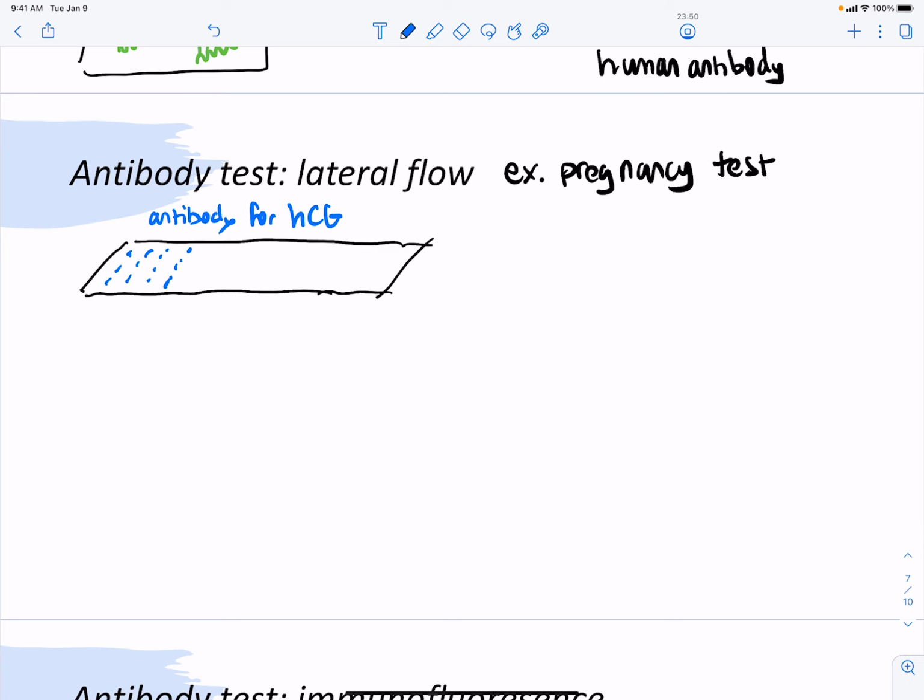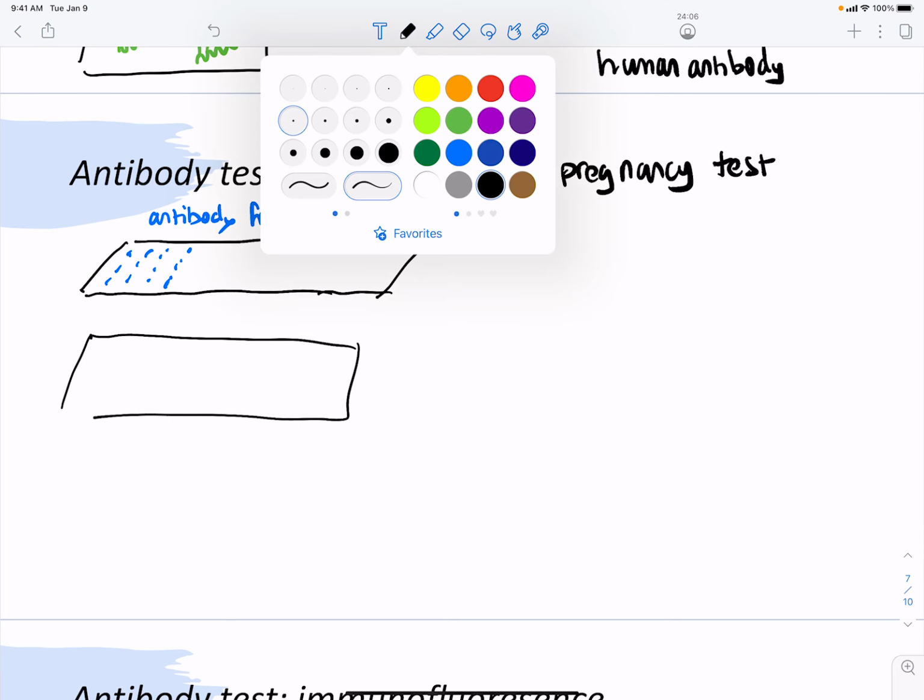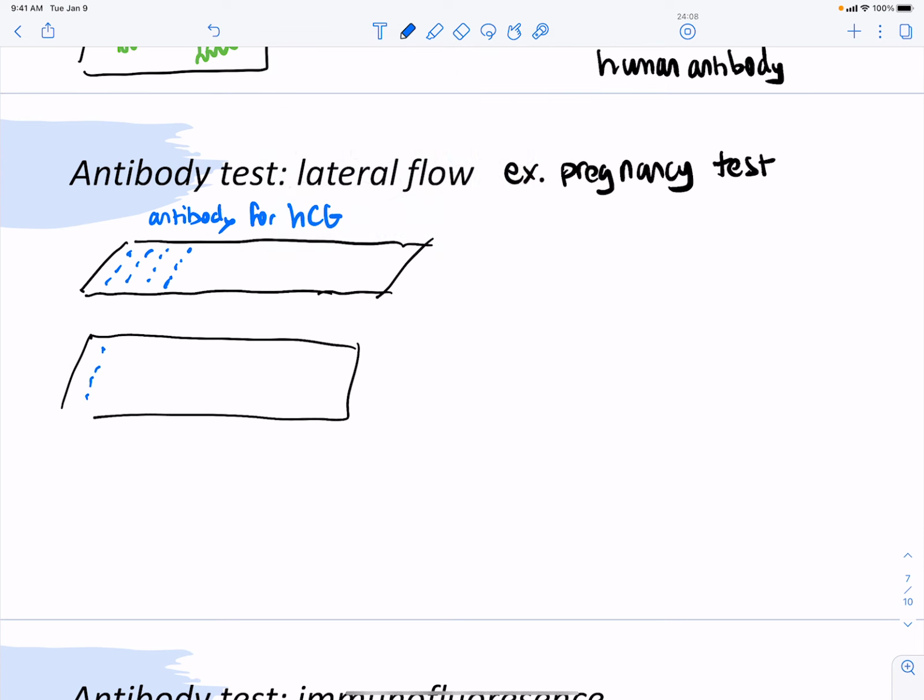And this microbead is what's going to actually bind the human chorionic gonadotropin hormone. So you take your serum, you have your blue, and then you add your serum across this, or urine, if it's a pregnancy test.